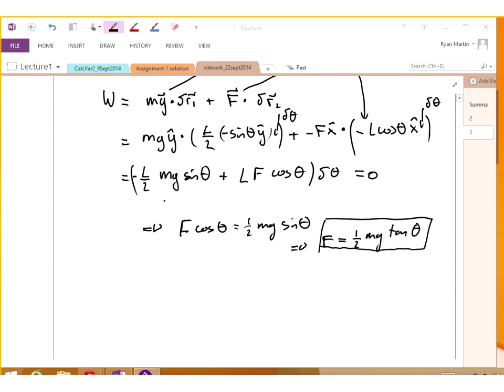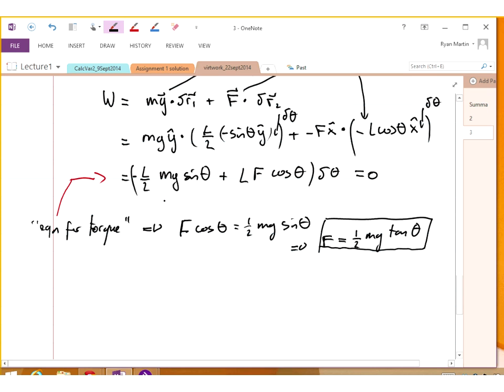That's the torque of mg exerted at a point L over 2. And then you have this LF cos theta, which is the torque from the force F. So this general method gave us, in fact, the torque equation. And so the problem is solved.